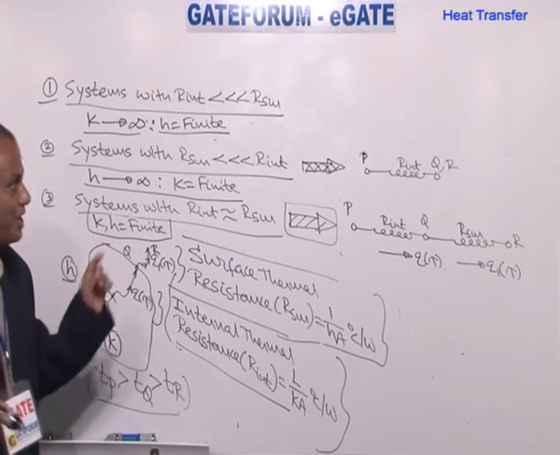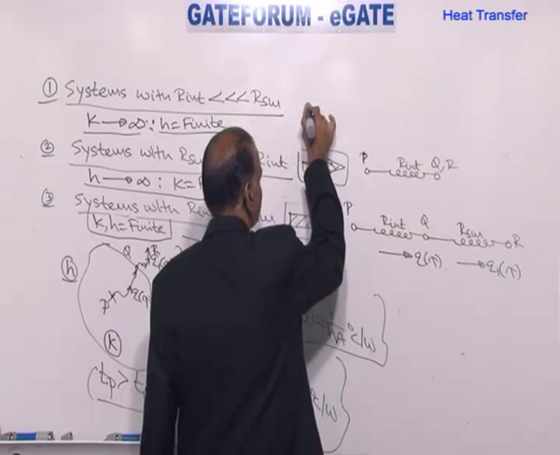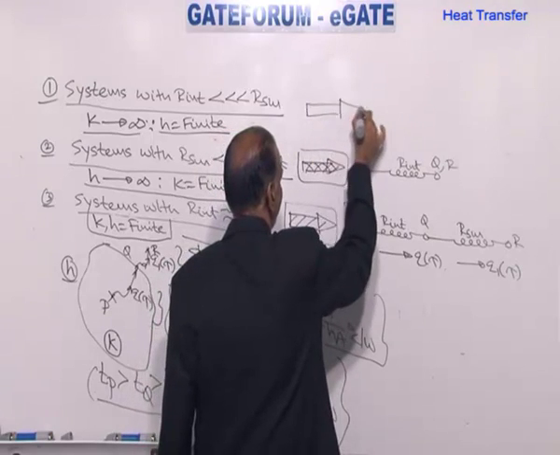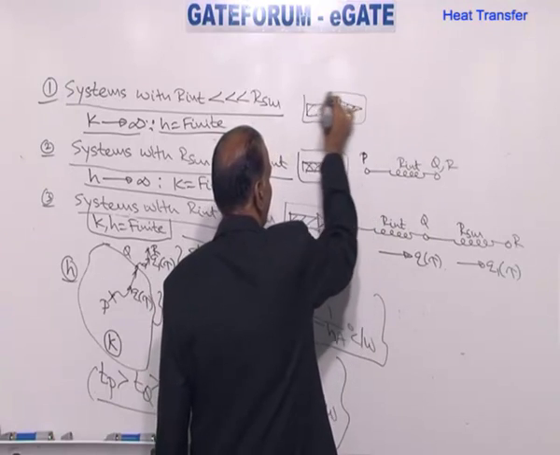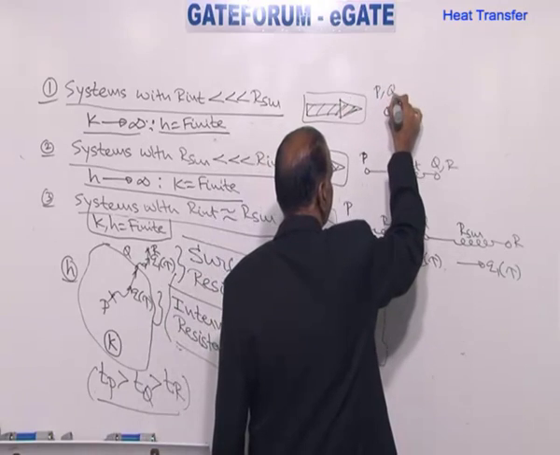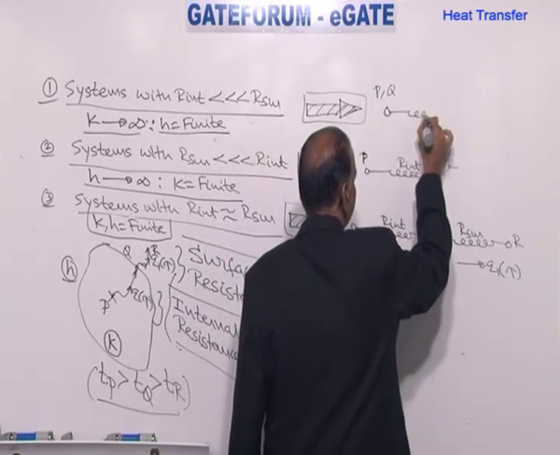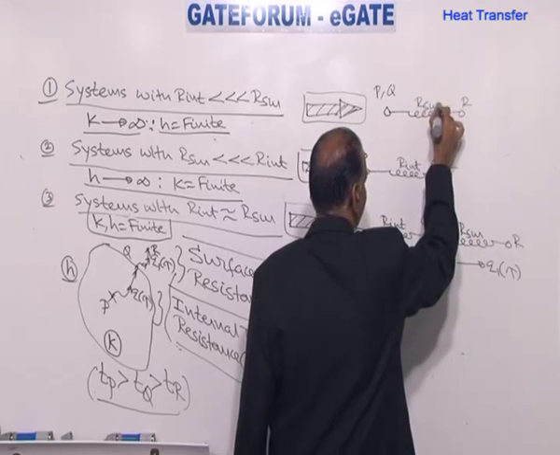If we look at the electrical analogy of the first case, here what happens? Internal resistance is 0, therefore P and Q will coincide and we have only surface resistance working.